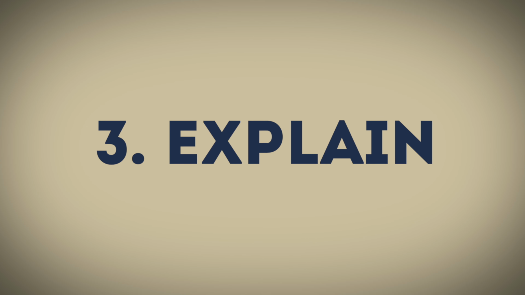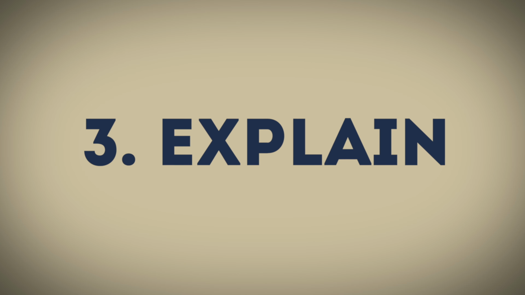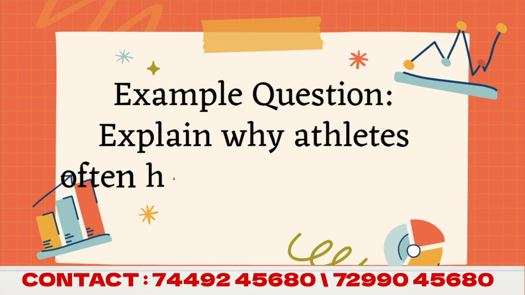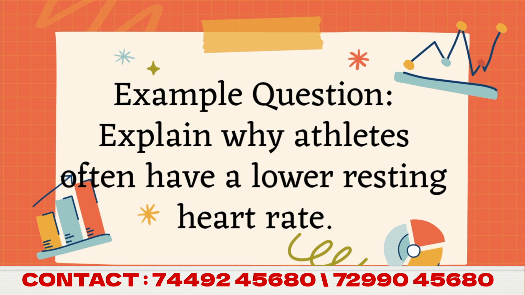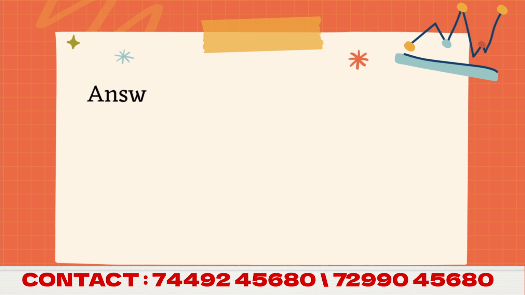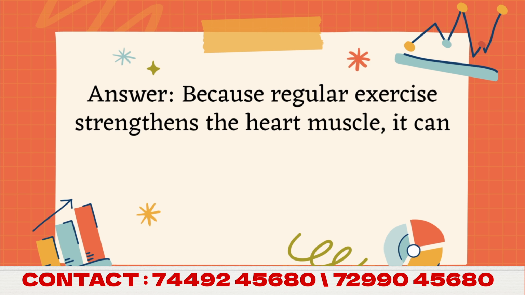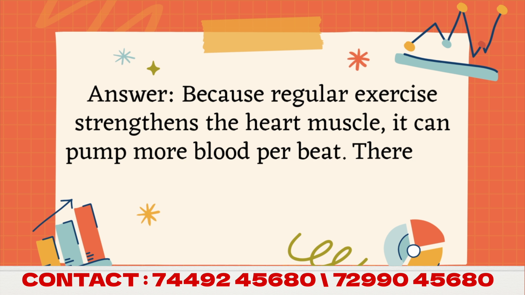The third word we have is explain. The meaning of the term explain is to say something that happened with reasons. Why did it happen? So you have to go a little in detail when compared to define or describe. Let's look at it with an example. Explain why athletes often have a lower resting heart rate. Because regular exercise strengthens the heart muscle, it can pump more blood per beat.